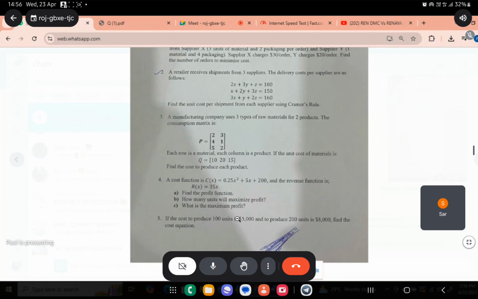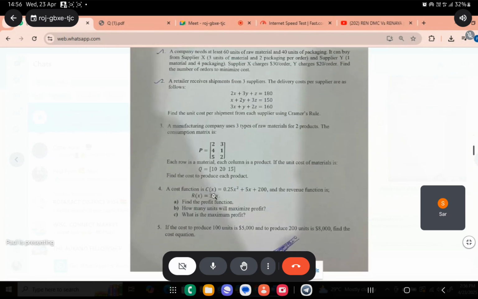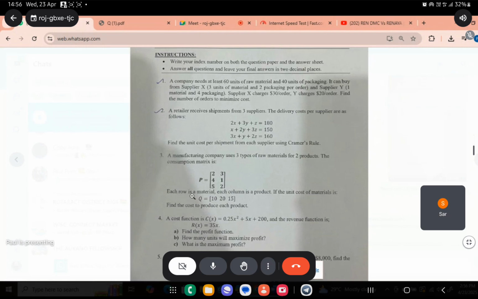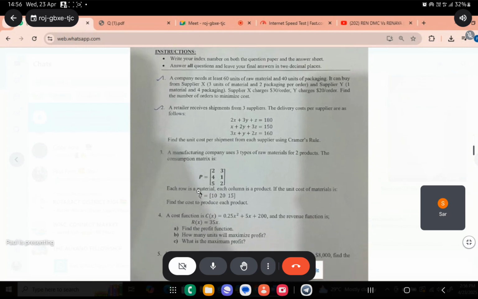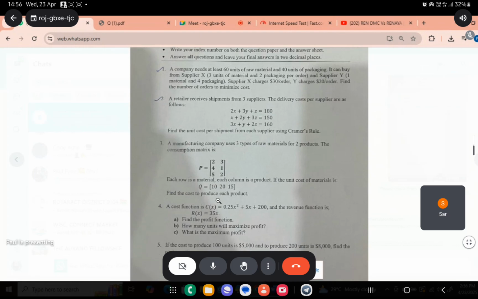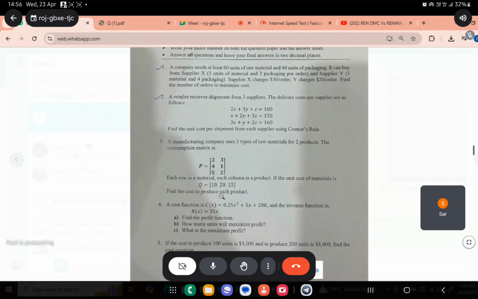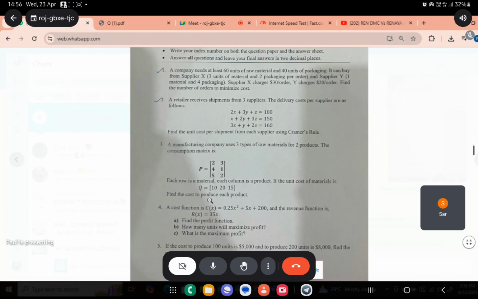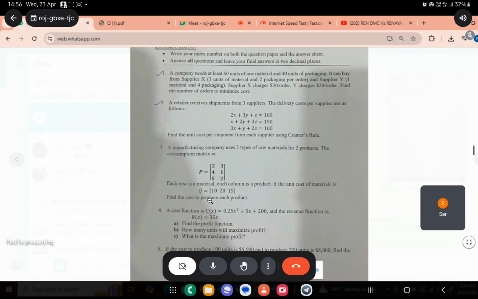This question is saying, when you read, you will see that each row is a material, each column is a product. If the unit cost of material is this Q, okay, unit cost of one material is Q. This is the unit cost, and it says find the cost to produce each product. Please, do you understand?